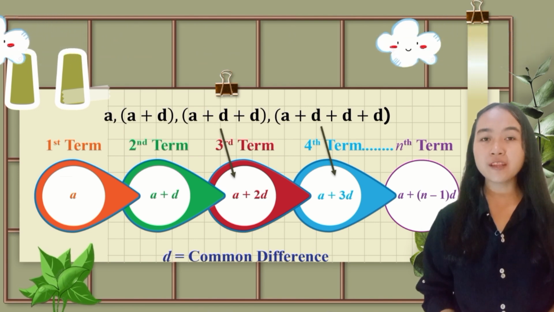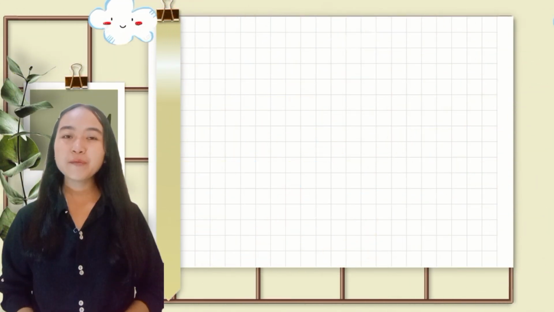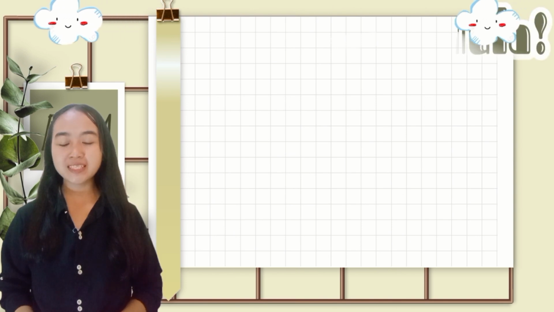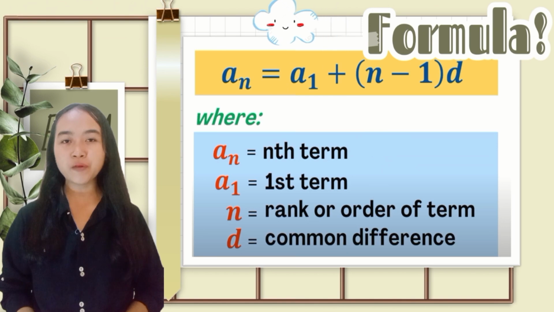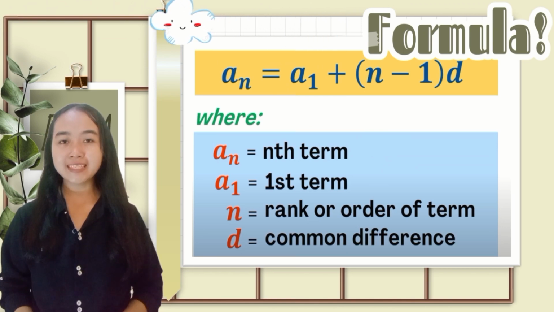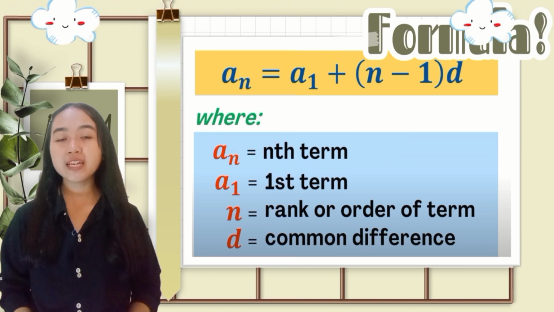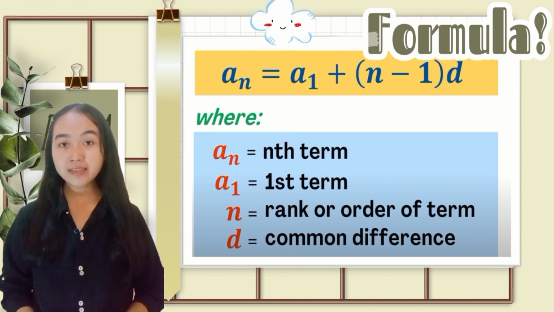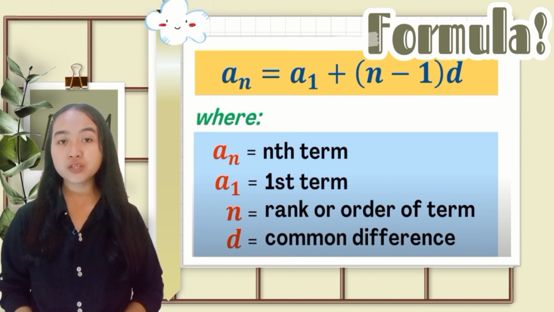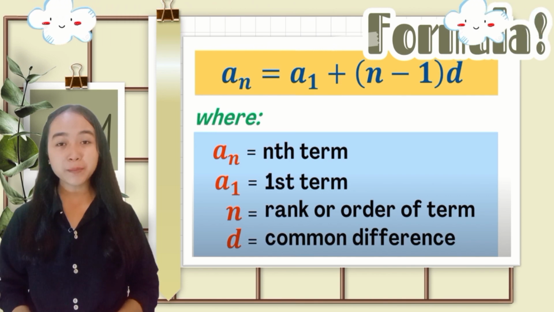So from here we get the formula. The formula for an arithmetic sequence is a_n equals a_1 plus (n minus 1) times d, where a_n is the term you are looking for in the sequence, a_1 is the first term in the sequence, n is the ordinal number of the term you are looking for, and d is the common difference.